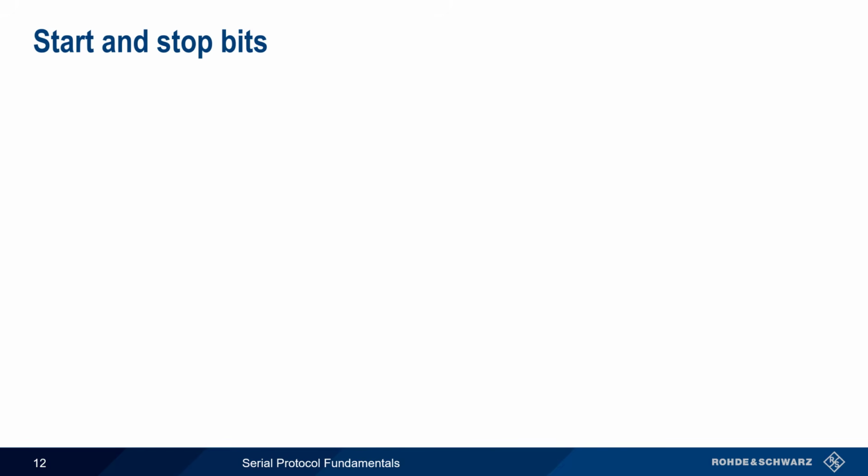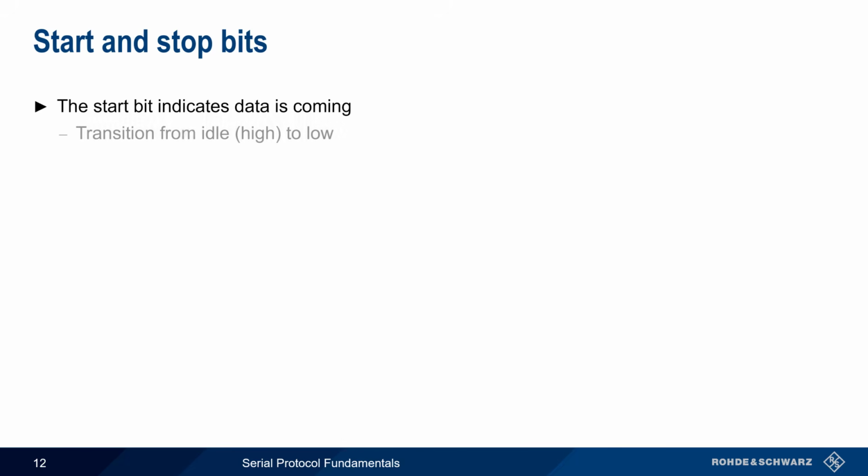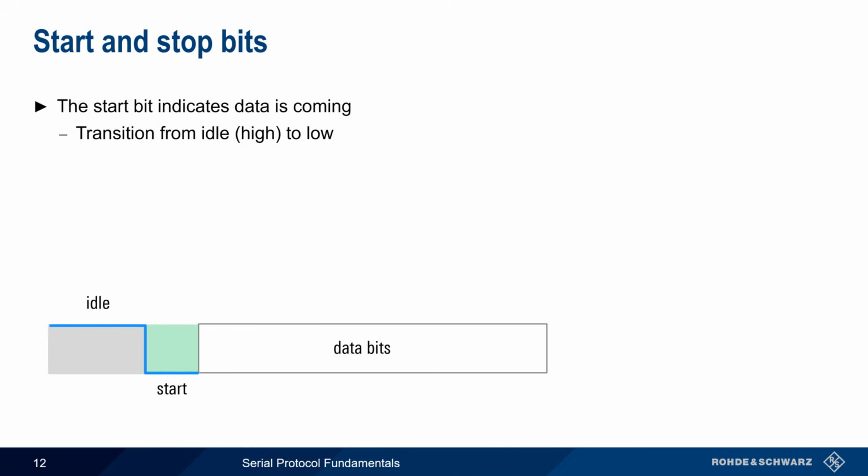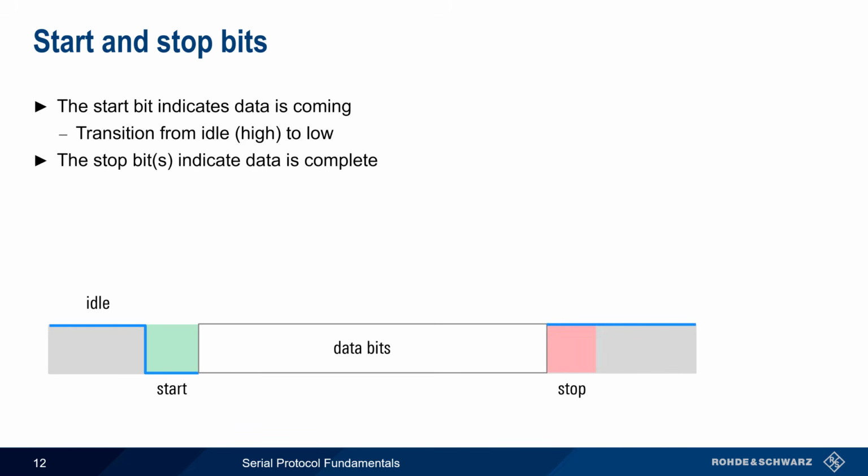A UART transmitter needs some way to signal to the receiver that data bits are coming, and this is accomplished using the start bit. The start bit is essentially nothing more than a transition from the idle high state to the low state, and user data bits come immediately after this start bit. After the data bits are finished, the stop bit indicates the end of user data.